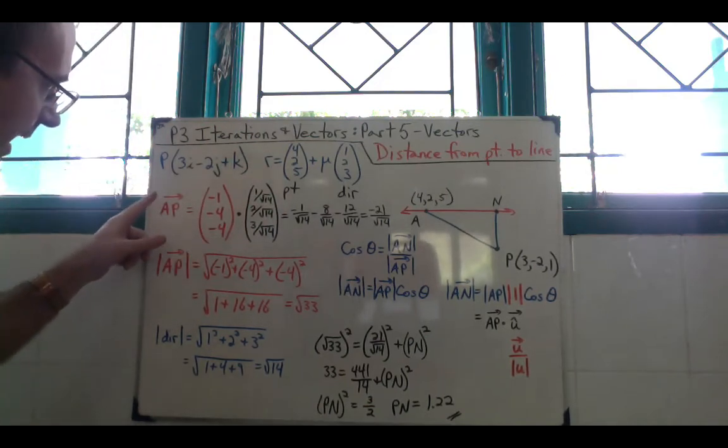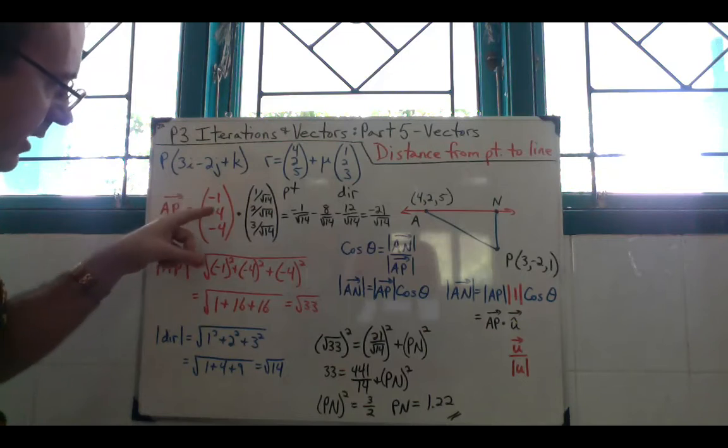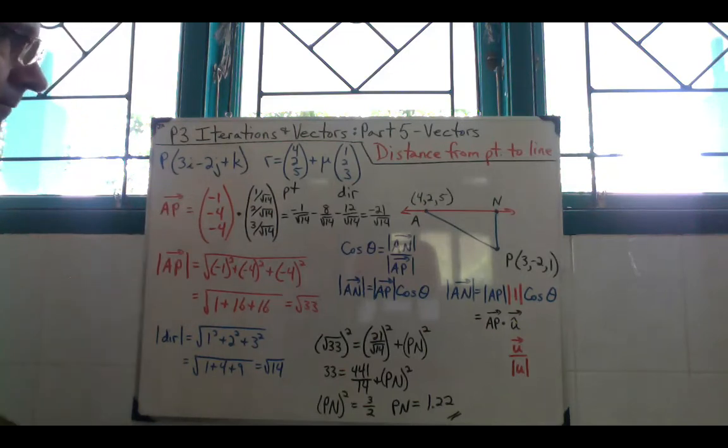Okay, so from A to P, it's -1, -4, and -4.